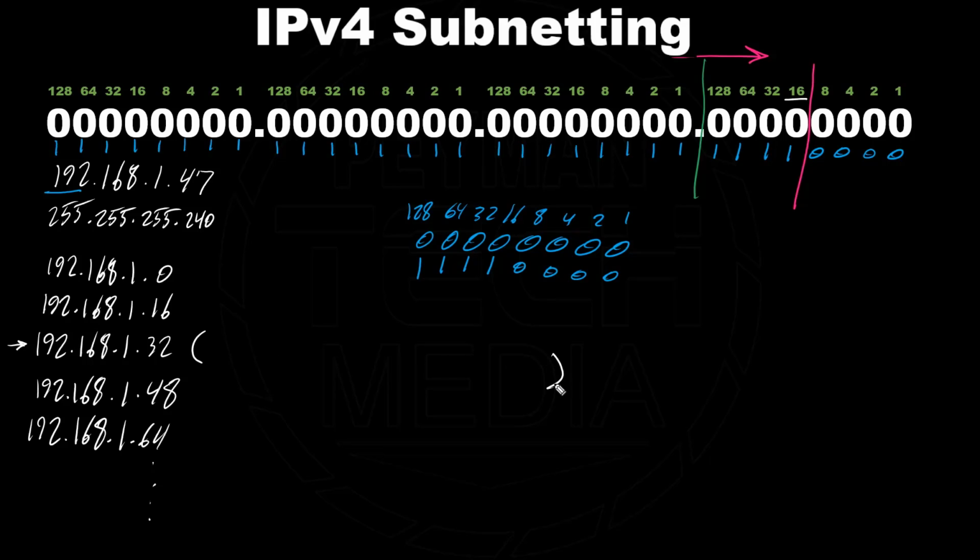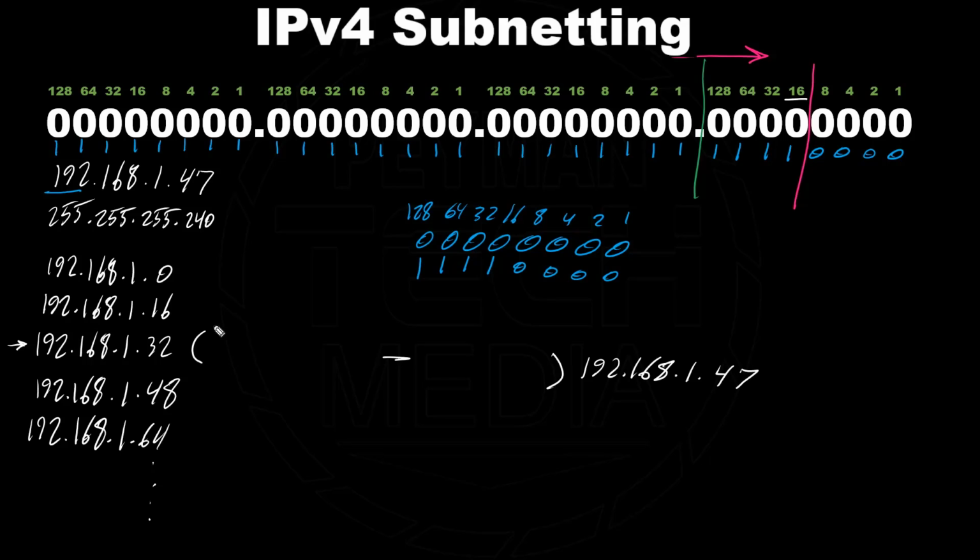All right, let's see. Oh, okay, so if we talk about this, this is the subnet of 1.32, with the broadcast address always one less than the next subnet. So the next subnet, in this case, 192.168.1.48, so one less IP address would be 192.168.1.47.